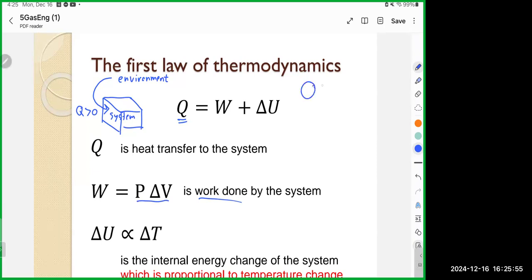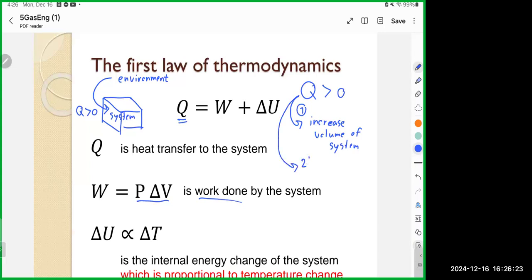So when Q is larger than zero, it's positive. The first thing that they can do is to increase the volume of the system. Here it is the first way to convert the heat energy.